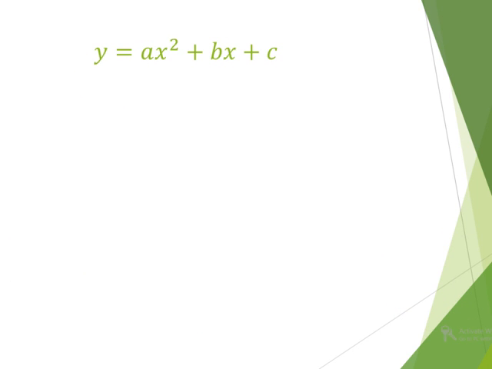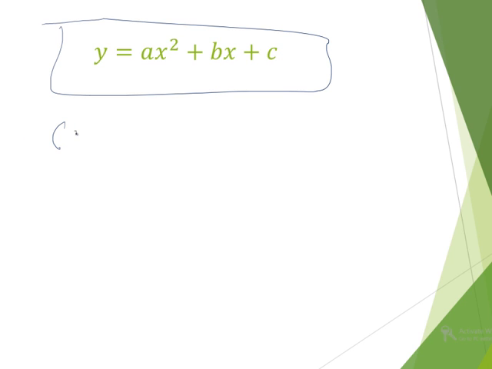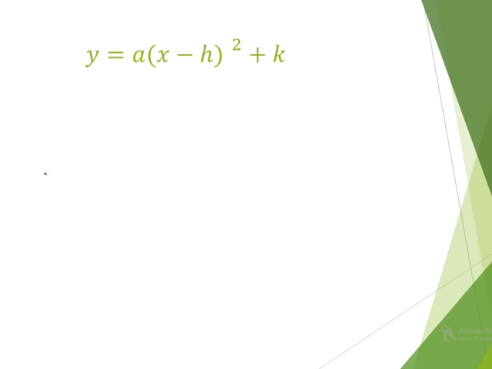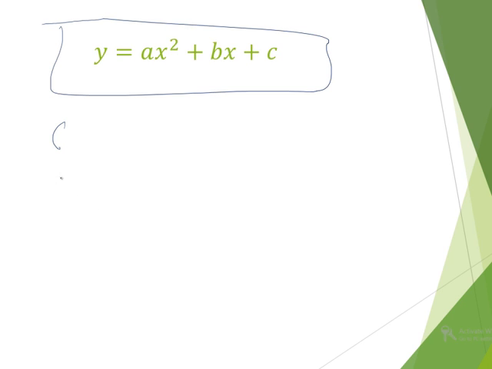Now, this equation we're already familiar with, and now how to graph with this equation. The x-intercept, you know how to get it. There are various ways: the factoring method, completing the square, and then the quadratic formula. The y-intercept could be found by replacing x by 0, which will only leave us with c, so this is the y-intercept.